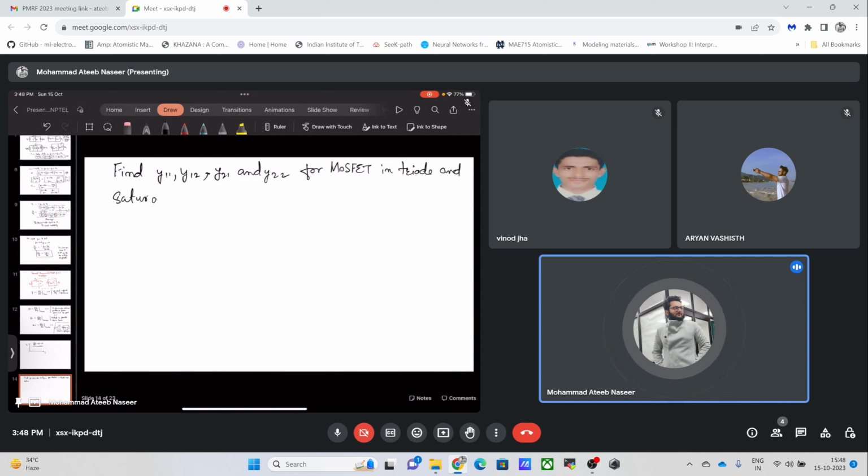We need to find it in both regions, and from that we can deduce which region we should operate the device in.